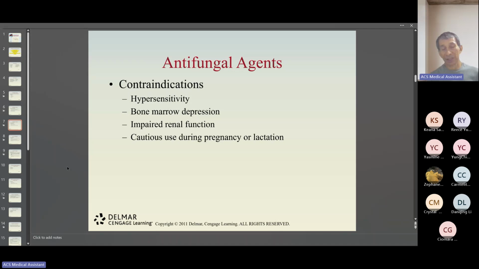So you shouldn't be just taking medications or applying antifungal medications without directions from the medical provider, because that can affect not only the mother, but the fetus if you're pregnant, or the baby if you are lactating or breastfeeding. That's basically what it's telling you. So we have to be very careful whenever we encounter these situations.